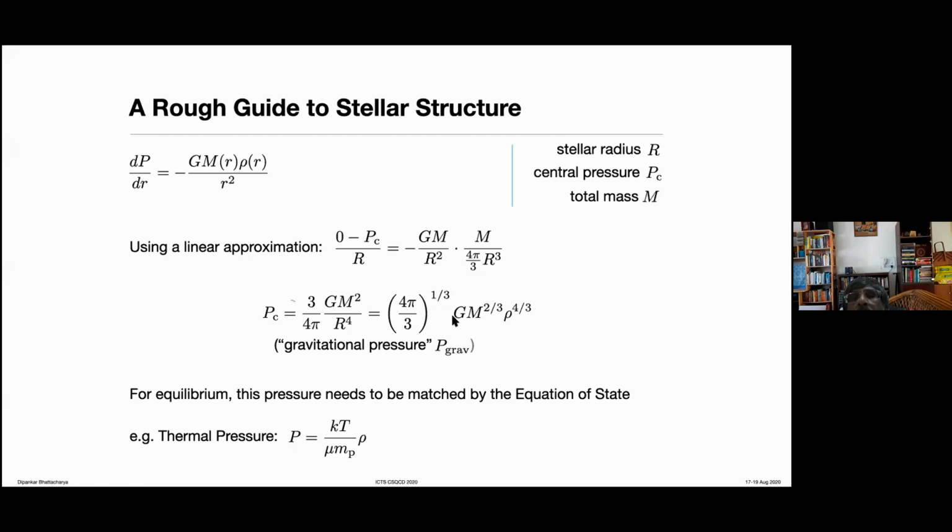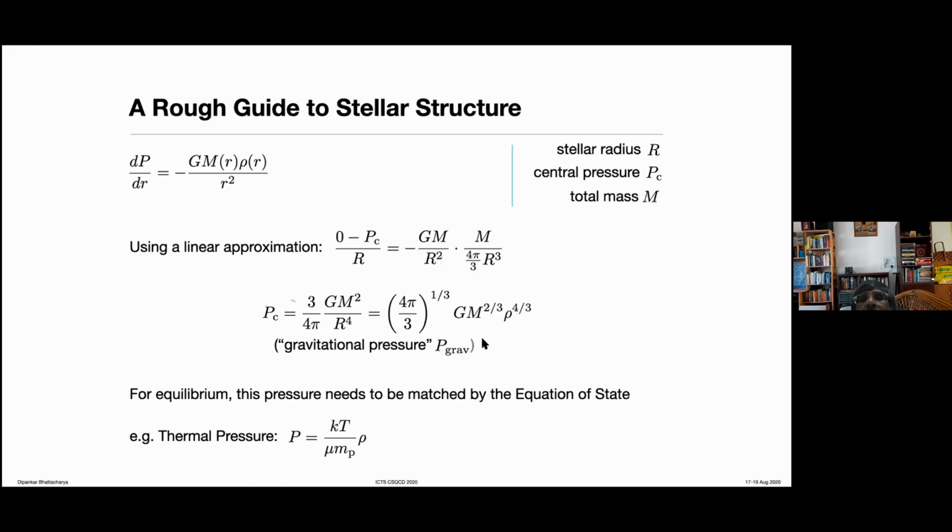Then I will get the gravitational pressure in the form which is proportional to the Newtonian gravitational constant times mass of the star to the power of 2/3 times density to the power of 4/3. Okay. So this is just the requirement that this amount of gravitational pressure should be balanced.